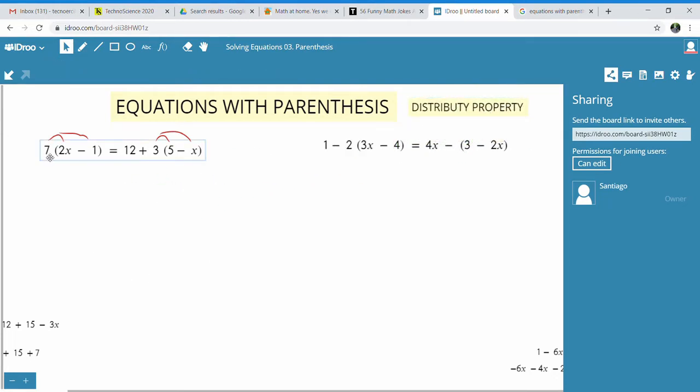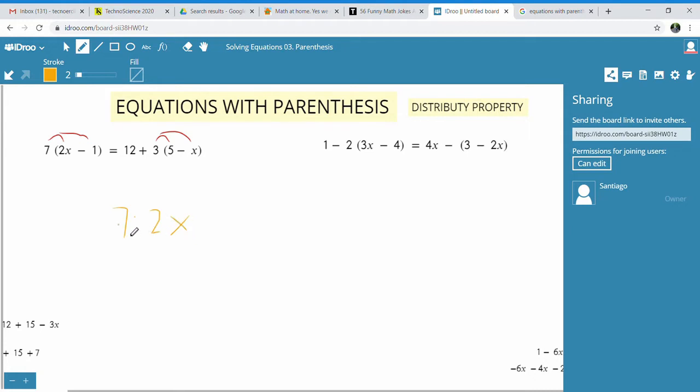When you multiply 7 times 2x, you are multiplying two monomials, 7 and 2x.